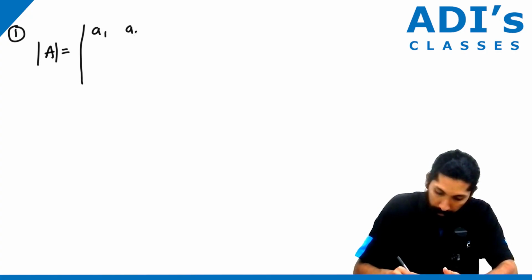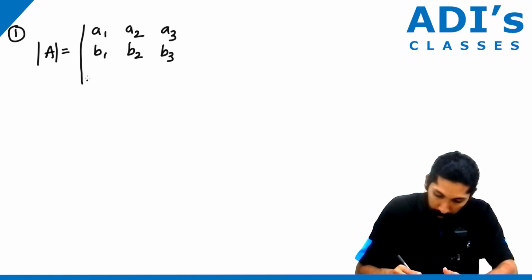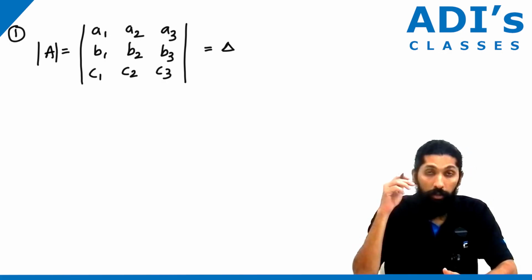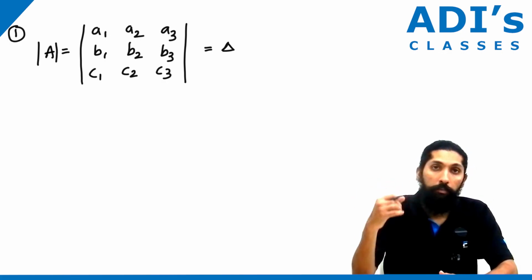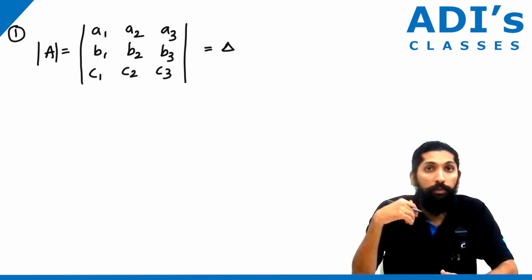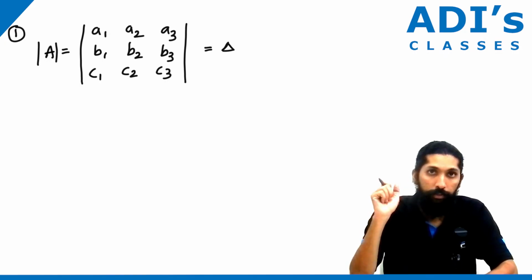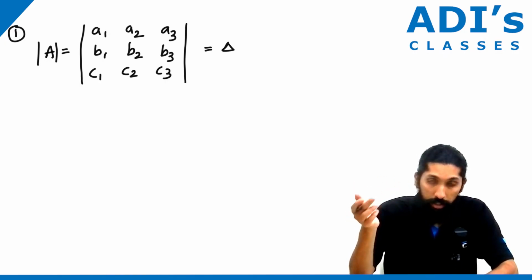In the sense, suppose we have the determinant of A, where A has rows A1, A2, A3, B1, B2, B3, C1, C2, C3. Say the determinant of this we'll call delta. Now if rows and columns interchange, basically we are taking the transpose of this matrix.